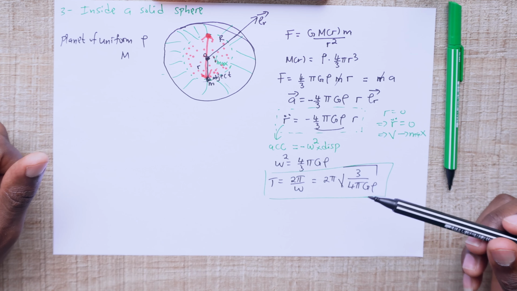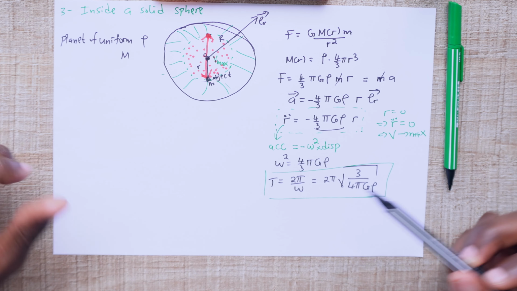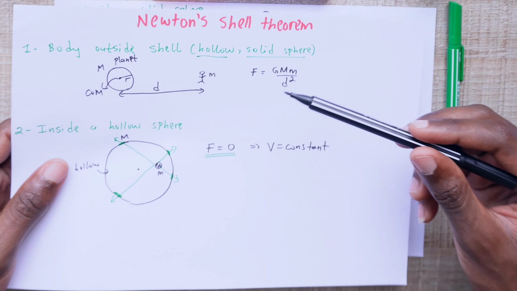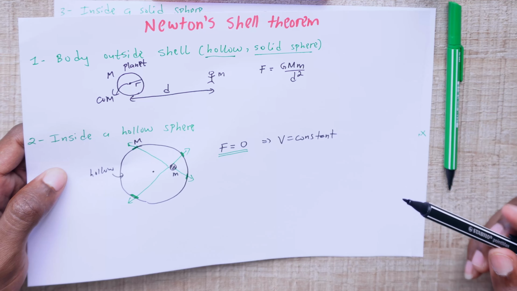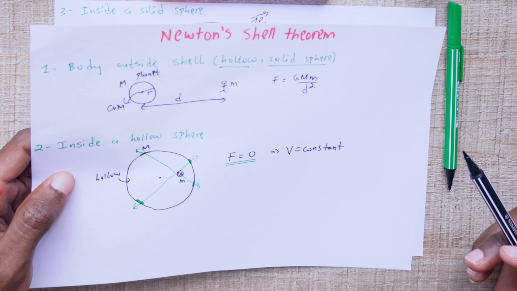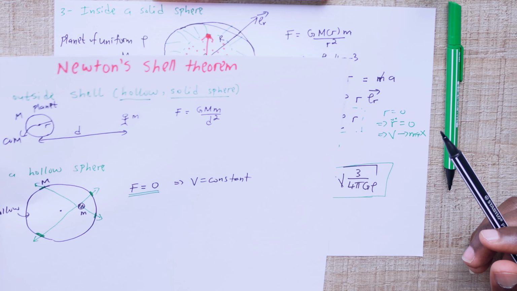Let me know what this inspires in you in the comment section. But yeah, this is very interesting, and these two theorems simplify a lot our calculations and understanding of gravitational fields. So far we are in non-relativistic situations. If we go to relativistic cases, then things become a little different.